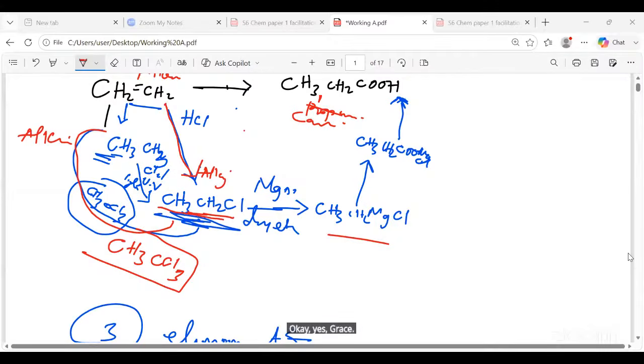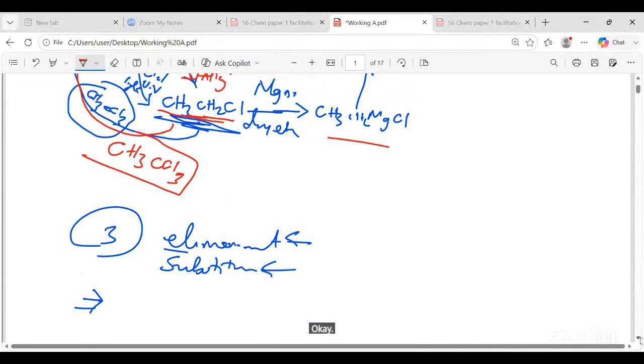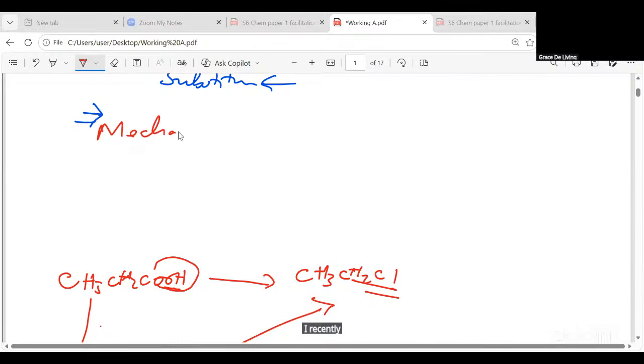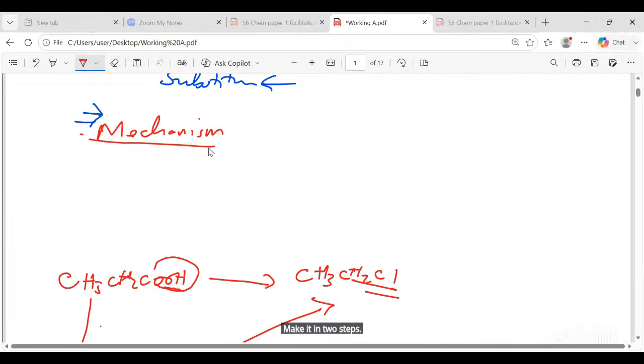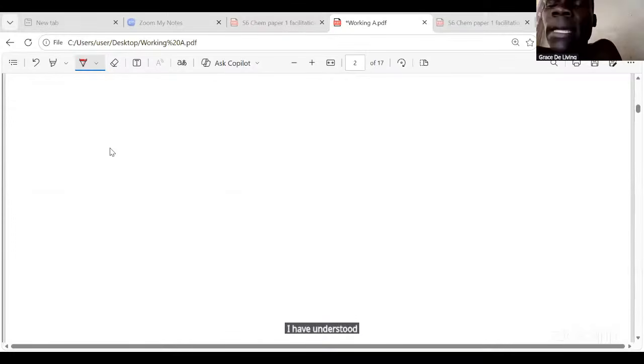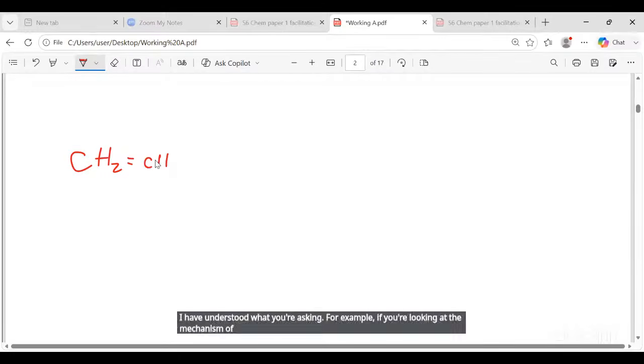I was just inquiring. When you're writing the mechanisms, is it a linear one or you have to make it in 2 steps? Oh, I get what you ask.